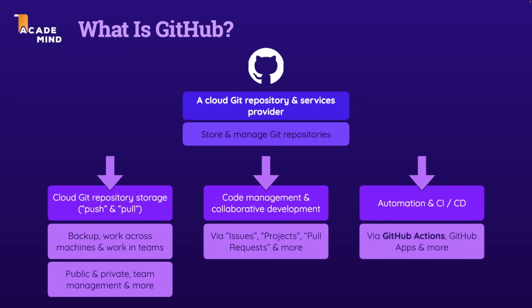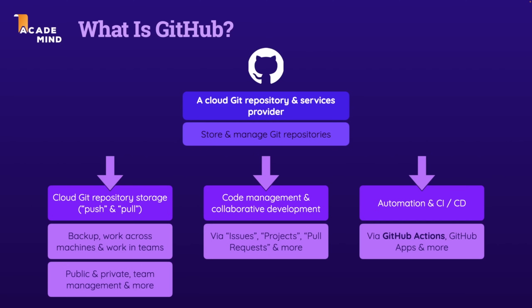It offers various services related to Git, and most importantly, it allows you to store your Git repositories, and therefore your code, in the cloud in so-called GitHub repositories, which are simply code storage buckets, you could say, created in your GitHub account.